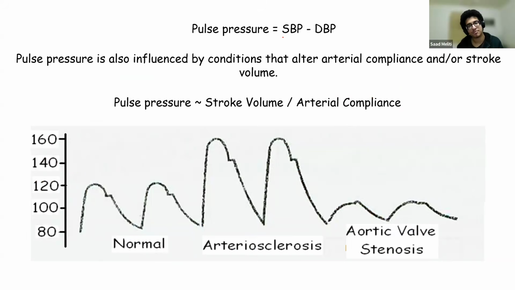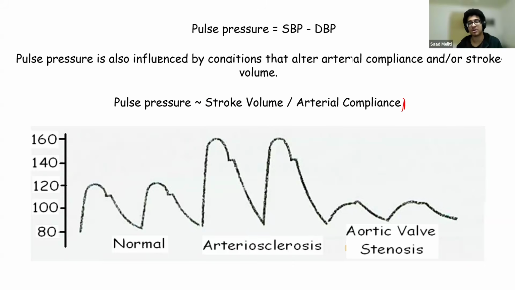Remember how pulse pressure before was systolic blood pressure minus diastolic blood pressure? Now there's another way, okay? There's two things that determine the pulse pressure, okay? Pulse pressure is influenced by stroke volume, and it's also influenced by arterial compliance, okay? So we're going to go over these one by one, but if we increase the stroke volume, the pulse pressure is going to increase, okay?